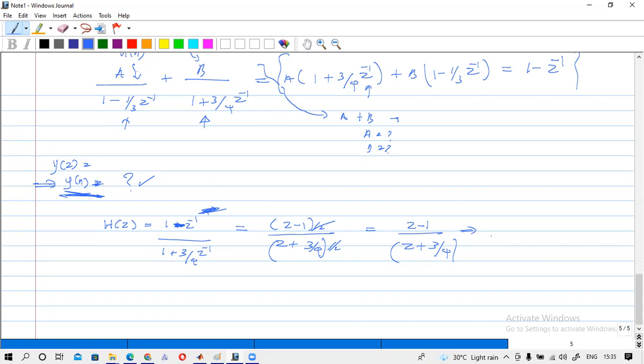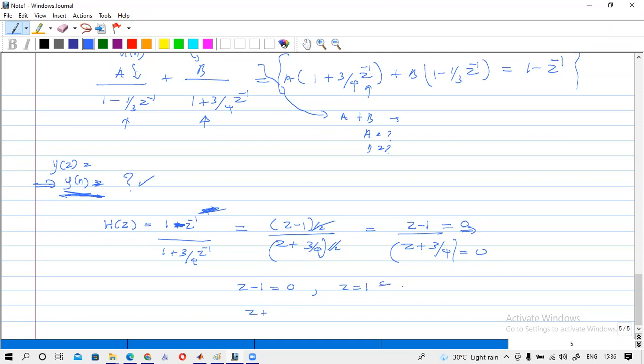Can you find what the poles and the zeros are? To find the zeros, you equal the numerator to 0. So Z is at 1, you will get 1 zero.